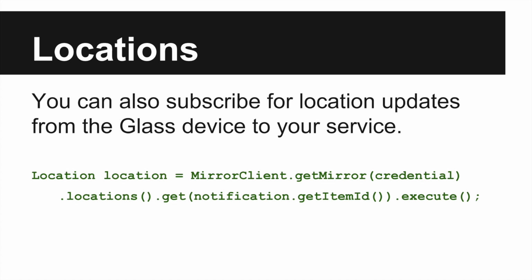Okay. So now we can talk about location subscriptions. Of course, you can also subscribe for location updates from Glass to your service, and that's all you need to do according to the documentation. This is kind of outside the scope of what we're doing here today, because it requires a server to be set up, which we don't really have time to get into, like an actual publicly accessible server.